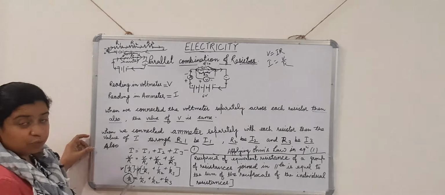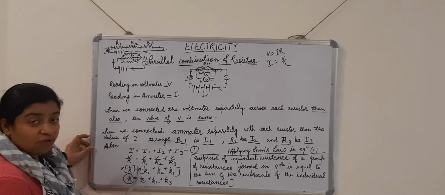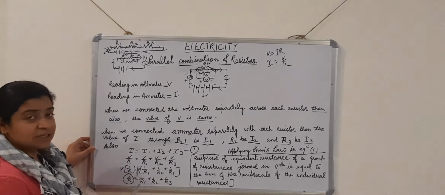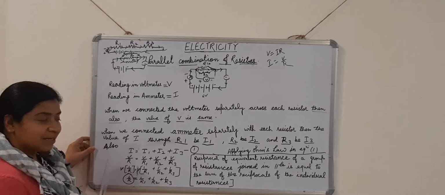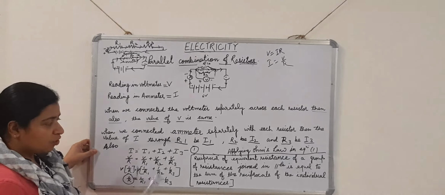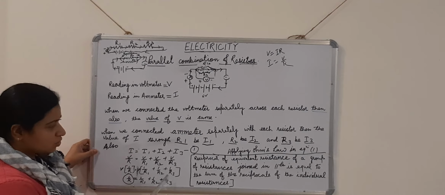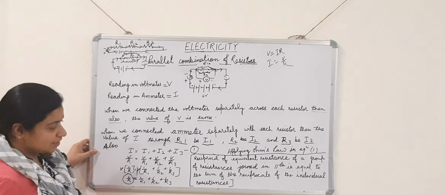Reciprocal of the equivalent resistance of a group of resistances joined in parallel is equal to the sum of the reciprocals of the individual resistances.